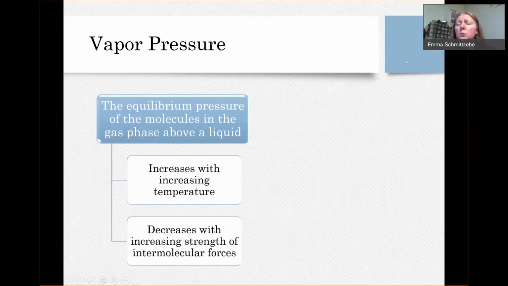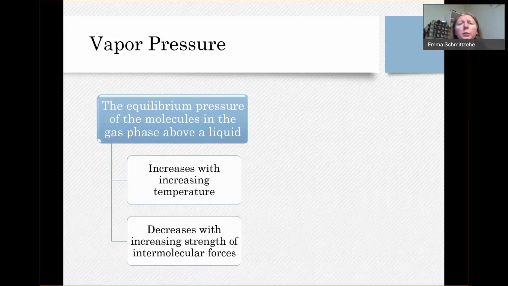Now, it also is related to the intermolecular forces of the substance. So in some ways it is a characteristic of that substance, because the intermolecular forces are due to the structure of that substance. Now that part you can't change, or you're changing the substance, right?